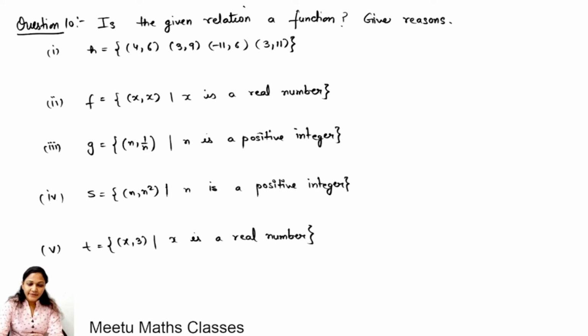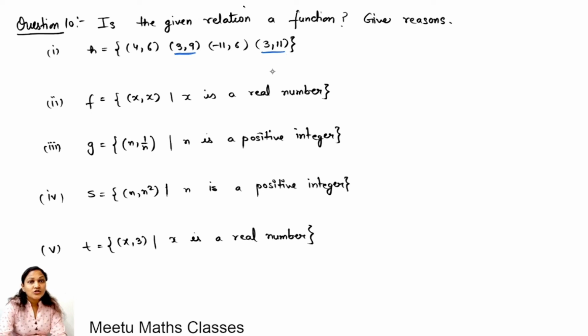Now question number 10: is the given relation a function? You have to give reasons. Your first relation is defined as h, where 4 is related to 6, 3 is related to 9, minus 11 is related to 6 and 3 is related to 11. Here you can observe that 3 is related to 9 and also 3 is related to 11.